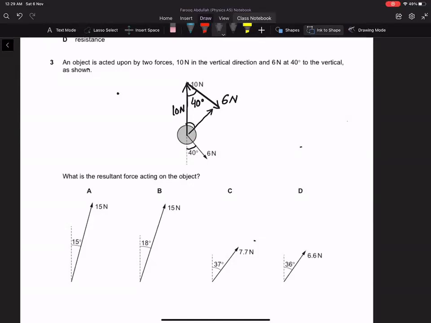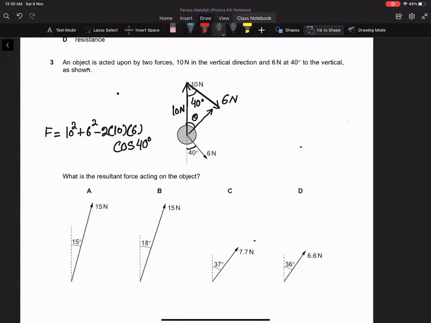Now we have to find the angle of the resultant and the value of the resultant. Applying the cosine rule, F will be equal to the square root of 10 squared plus 6 squared minus 2 into 10 into 6 into cos of 40.